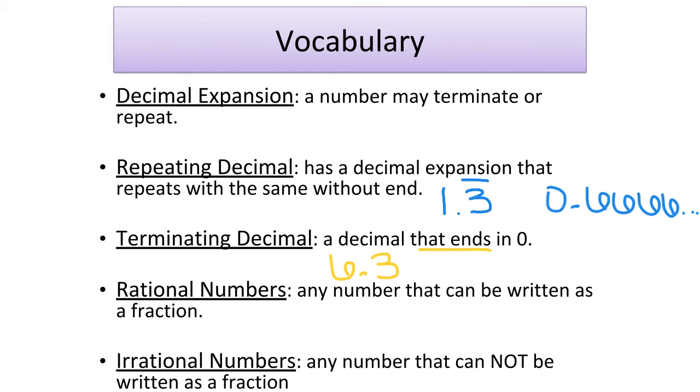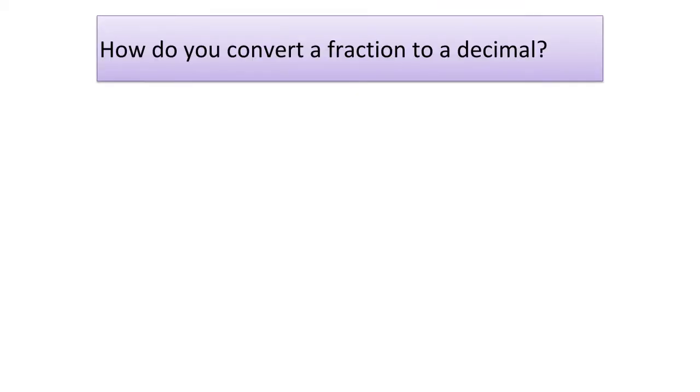Rational numbers are any number that can be written as a fraction. All repeating and terminating decimals have a fraction form. We do not want to confuse these with irrational numbers. These are numbers that cannot be written as a fraction. Today we're going to look at converting between fractions and decimals.